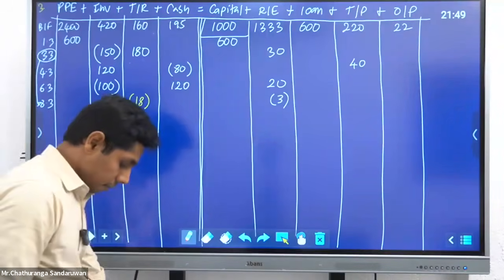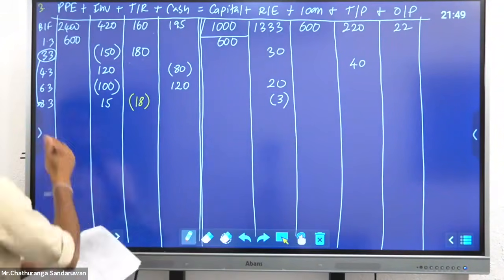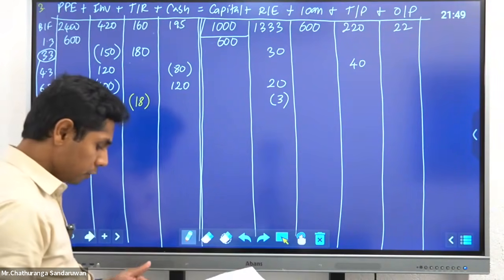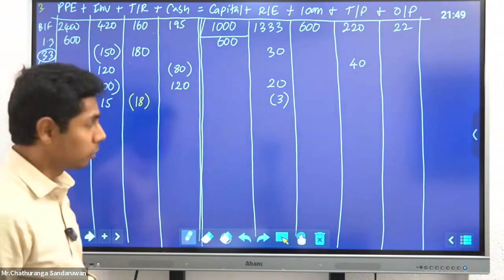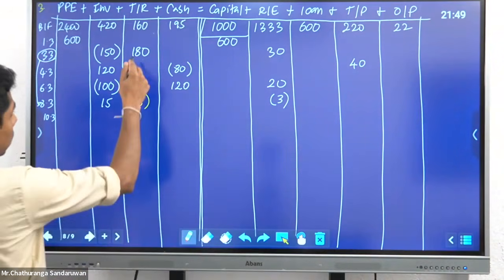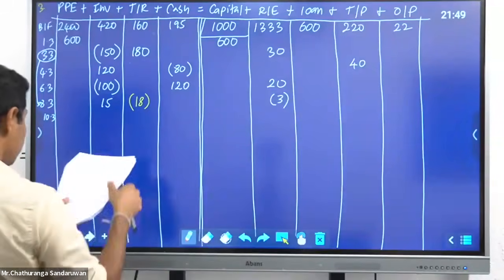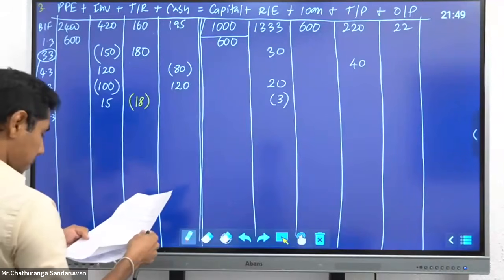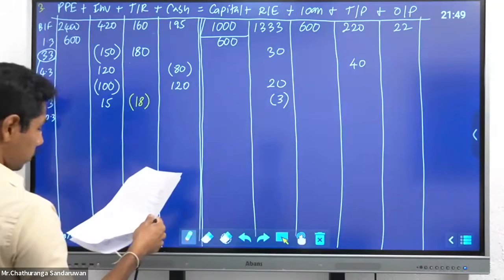All right. And then 10th of March, the amounts payable to Aruna Traders were settled after receiving 10% cash discount. Now, the amount payable to Aruna is 180 minus 18. Because if you look at the third transaction, 3rd of March, no, it's 4th of March, right?